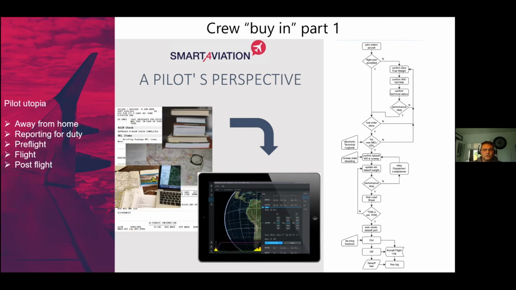So a pilot utopia is how a mobile device or their EFB works for them across a multitude of flight phases. Whether it be when they're away from home, reporting for duty and during the briefing, in the pre-flight phase, the in-flight phase and the post-flight phase. So we have people that put work packages together, including myself, to make sure that all our products satisfy all those aspects of a pilot's day or a cabin crew's day as well.